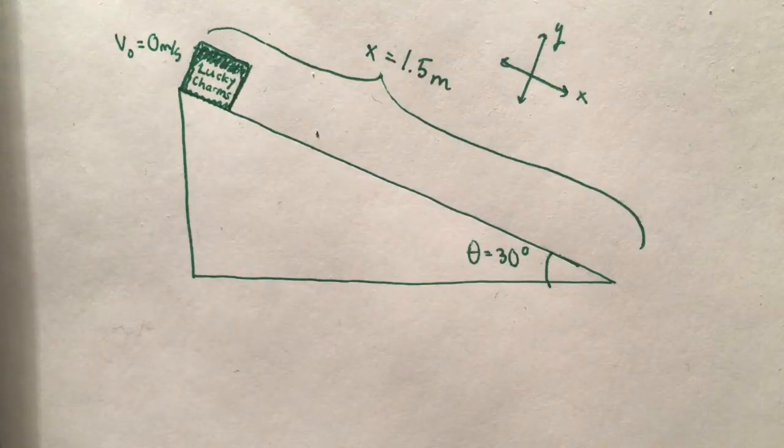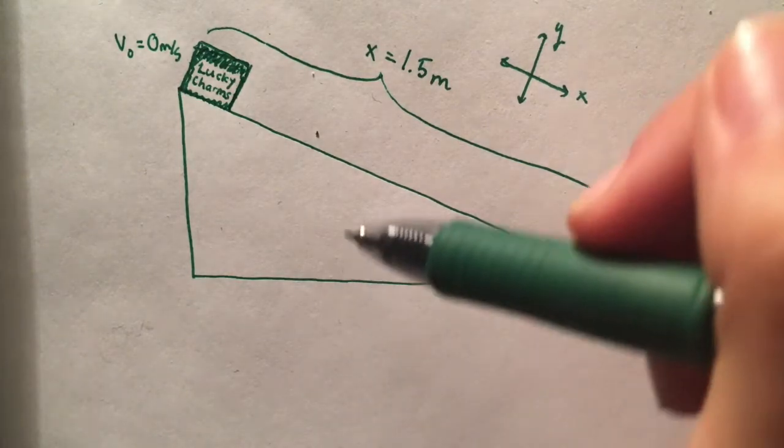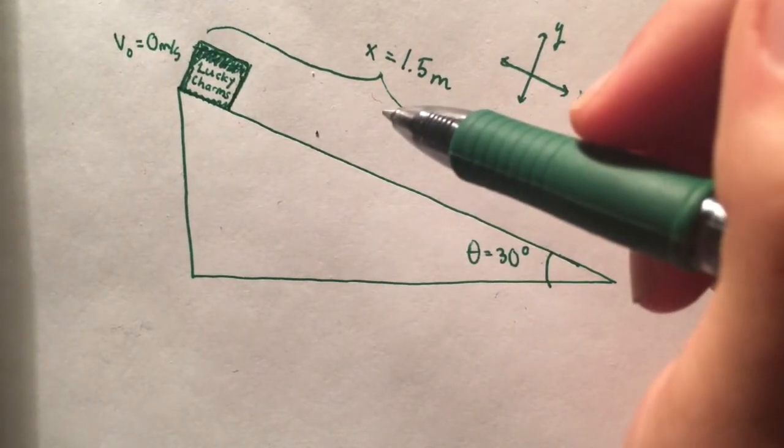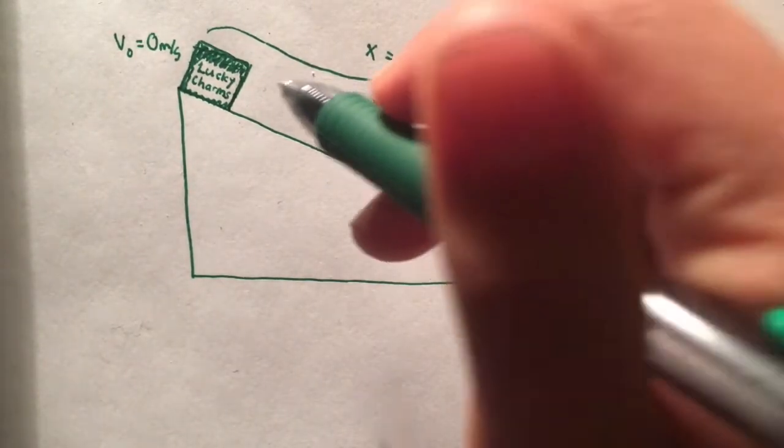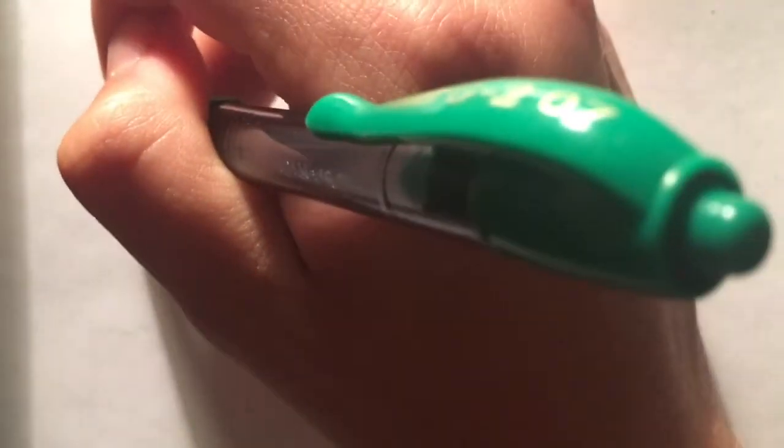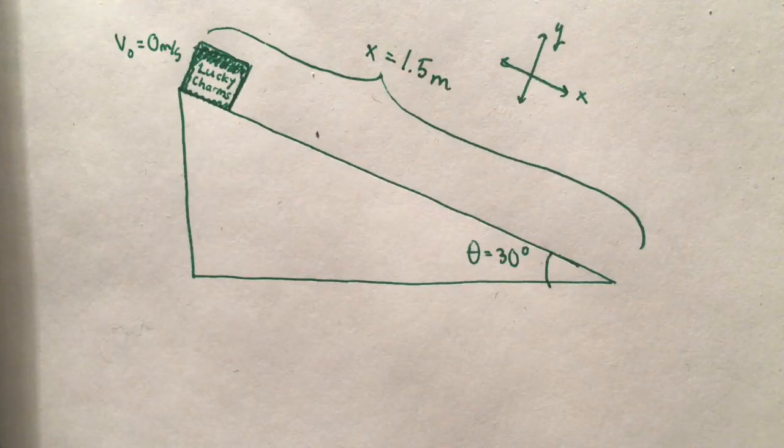All right, so we do have friction in this problem. And I know you're like, "Frick, I don't want to deal with friction," but that wouldn't be a very efficient way of teaching you how to solve inclined plane problems if we didn't put friction in them. So we know that the coefficient of kinetic friction is 0.3. So I'm going to write that over here.